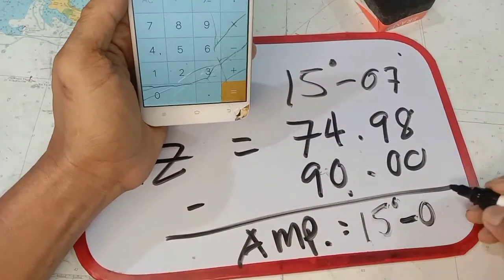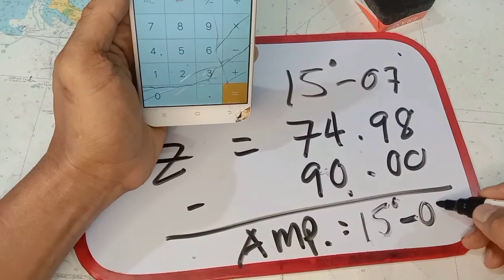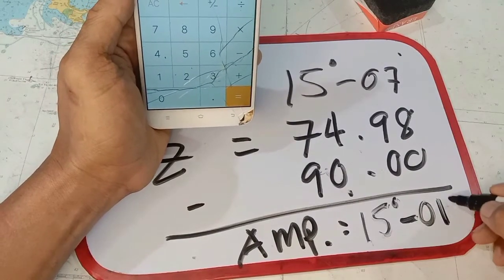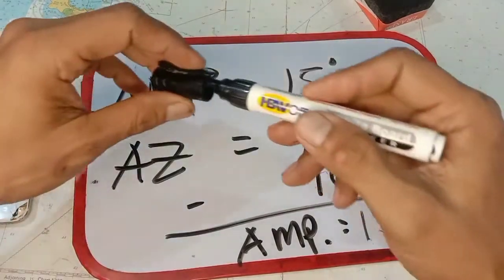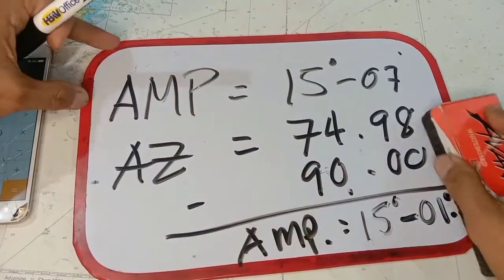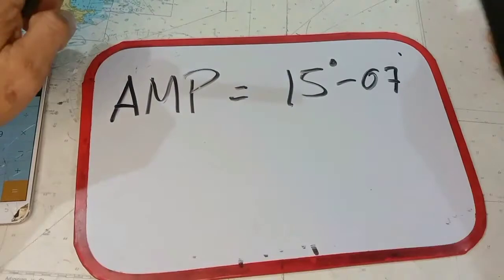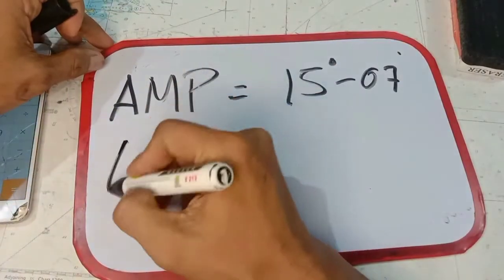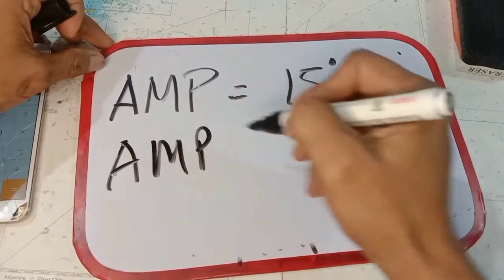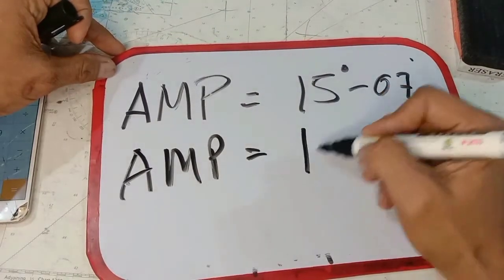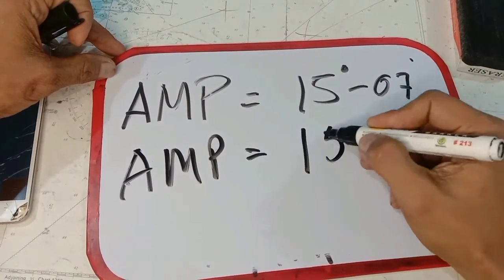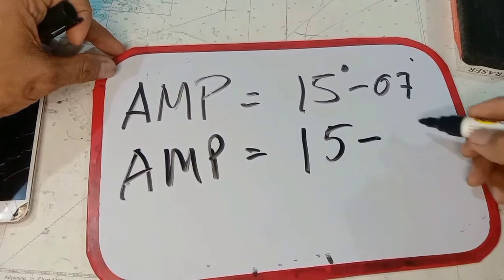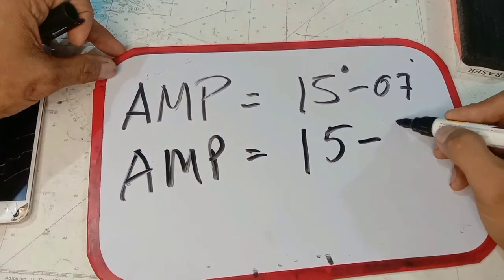So, the minutes of arc is 1.2. Okay. So, how much the difference? Amplitude using the azimuth table is 15.01.